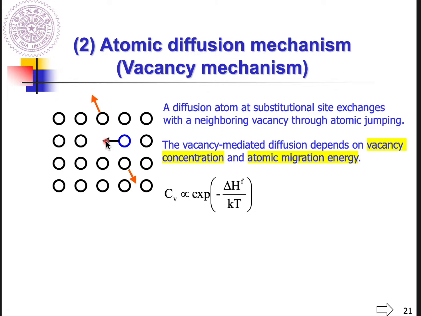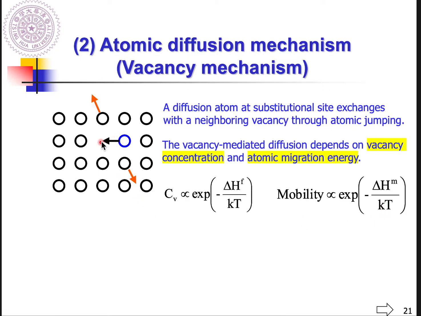Regarding the vacancy concentration, as you know before, the concentration of vacancies is proportional to exponential minus vacancy formation energy divided by kT. Regarding the atomic migration energy, the atomic jump rate, or what some people call mobility, is proportional to exponential minus migration energy divided by kT.